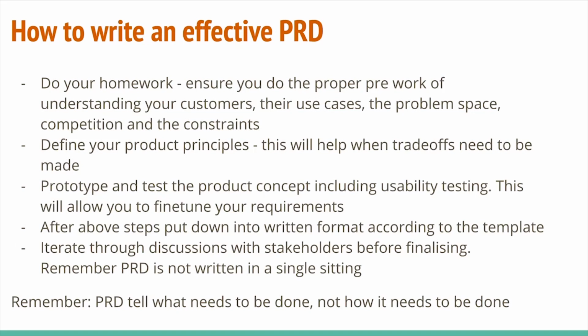Maybe if design is important, I would focus on the design part, even though that is going to take more time, rather than the solution that will probably be really good, but not really well designed. So make sure you have your product principles so that when trade-offs have to be made, it's easier for you.